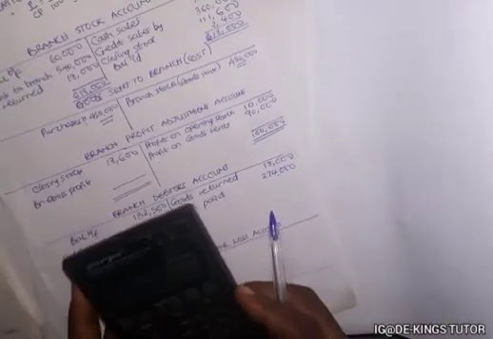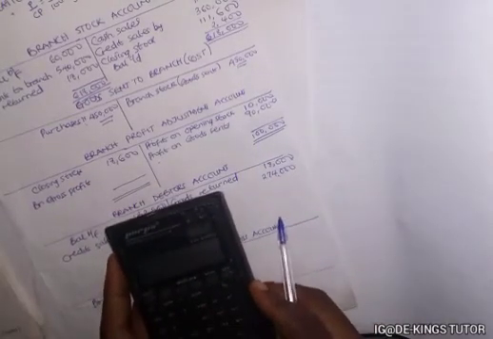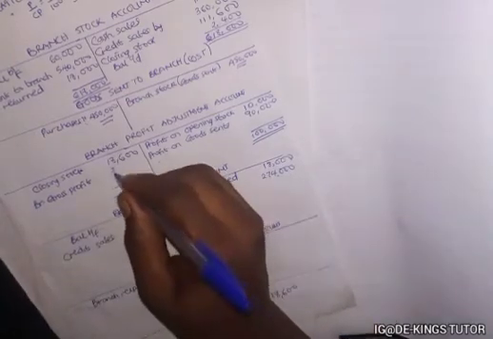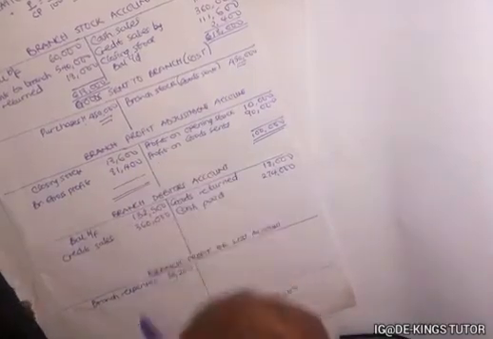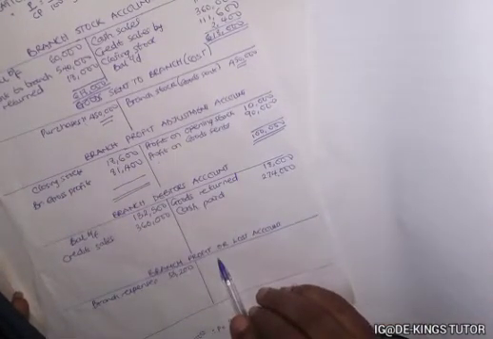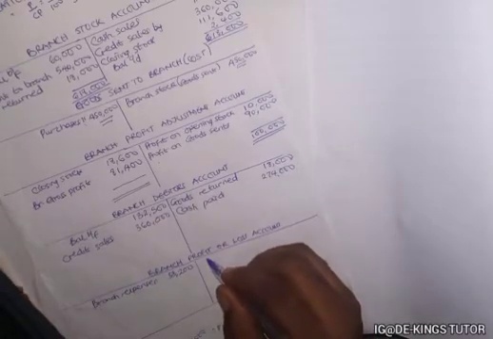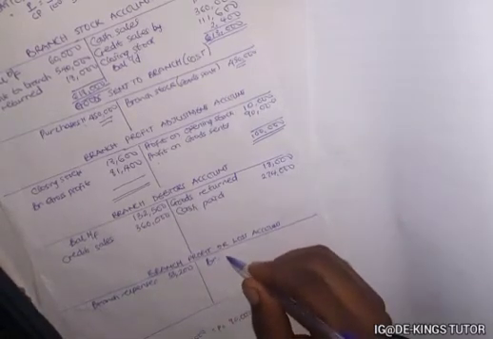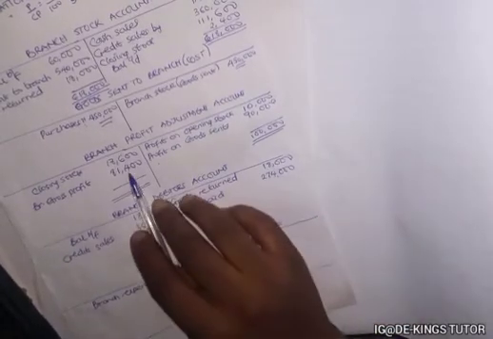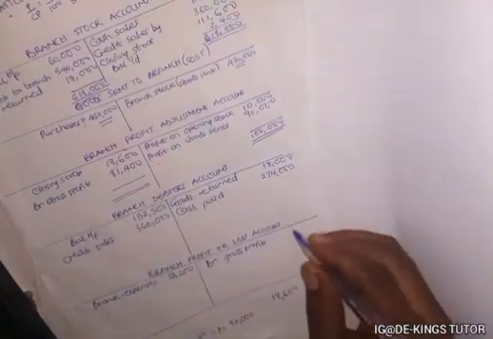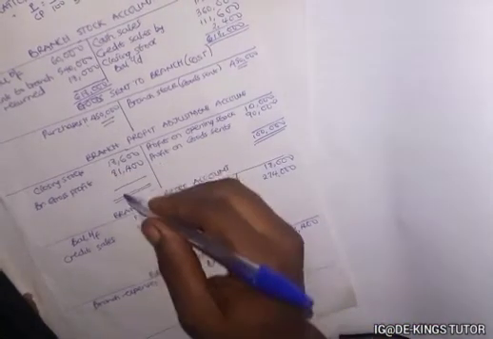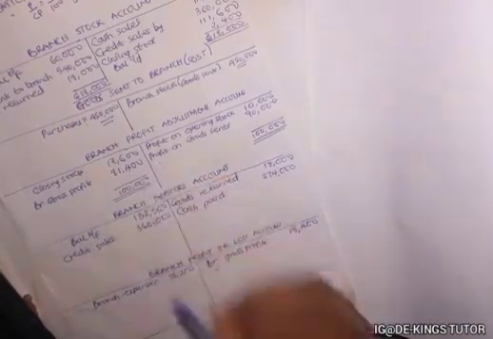So 100,000 minus 18,600 to give us 81,400. So this branch gross profit 81,400 we posted to the branch profit or loss account. So come here and say branch gross profit. What's here? 81,400. So we'll have here 81,400. Okay. So close this 100,000.